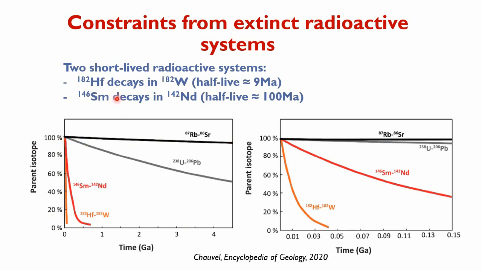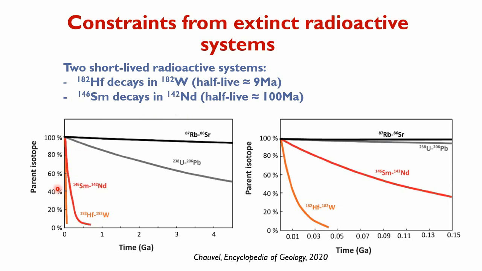If you look at these two isotopic systems, shown here in orange and red, you see that the amount of parent isotope goes down drastically, and within less than 500 million years, there's nothing left. So if we have a trace of the decay of these parents, either 182 hafnium or 146 samarium, in the daughter isotopes, it means that it was done in the very early part of the Earth's history, because there's no way to do it afterwards.